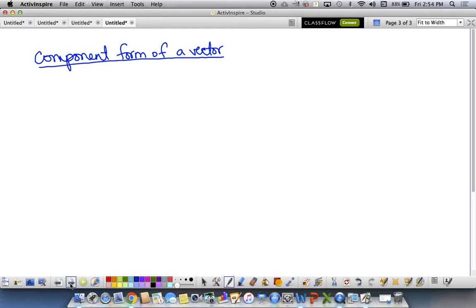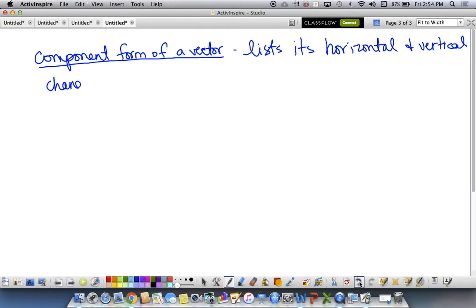The component form of a vector lists its horizontal and vertical change from the initial point to the terminal point. So when you think of horizontal and then vertical, are those your X and Y axes? Yes, they are.